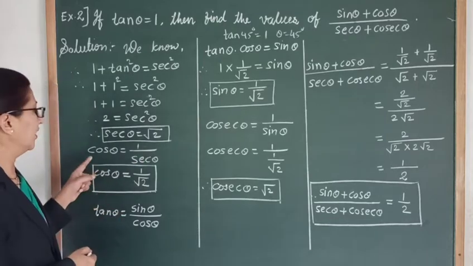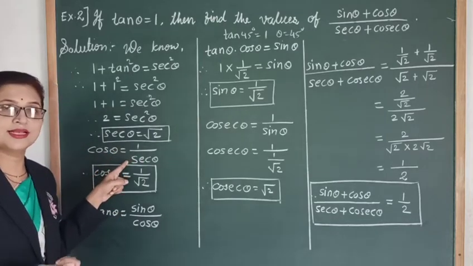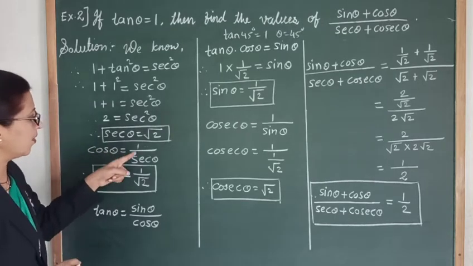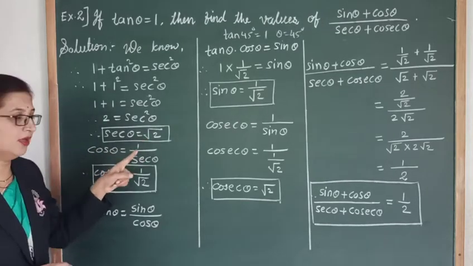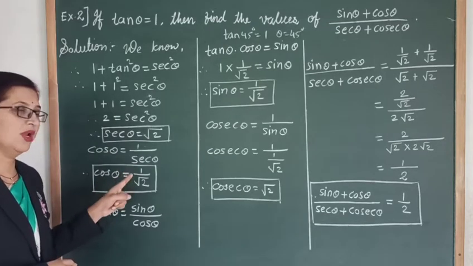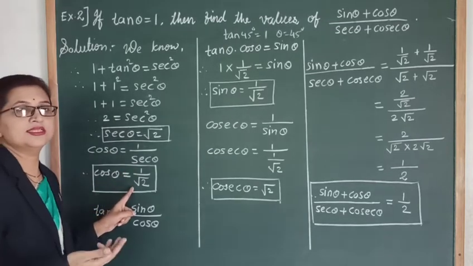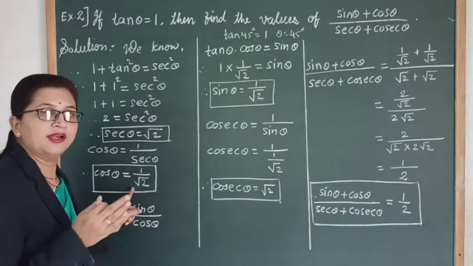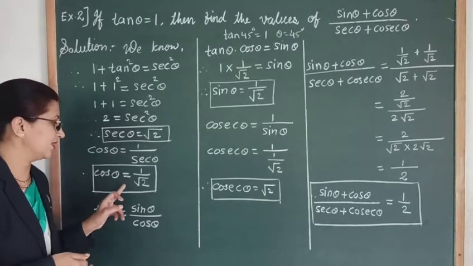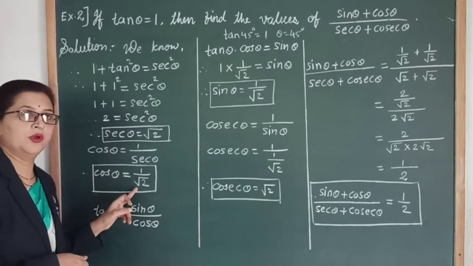Now we know that cos theta is equal to 1 upon sec theta. The inverse of sec theta is cos theta. What is the value of sec theta? Root 2. So in this way we got cos theta is equal to 1 upon root 2. And if we see the table of trigonometric values, you will find that cos 45 is also 1 upon root 2.